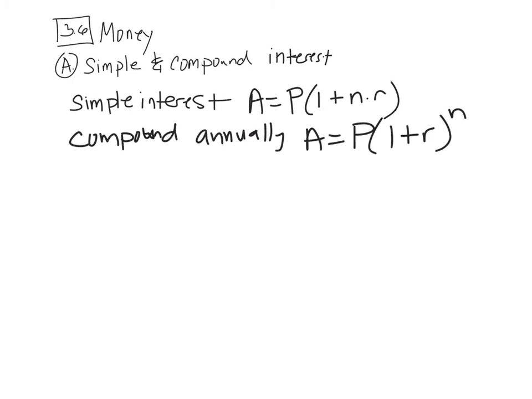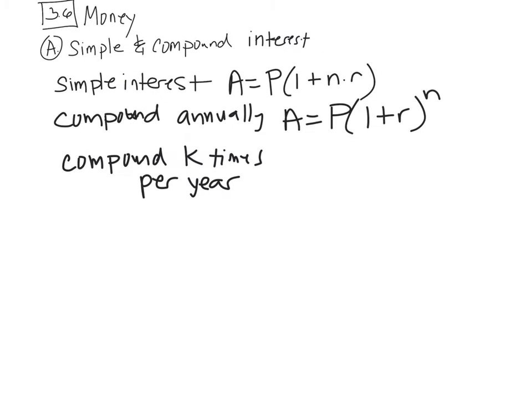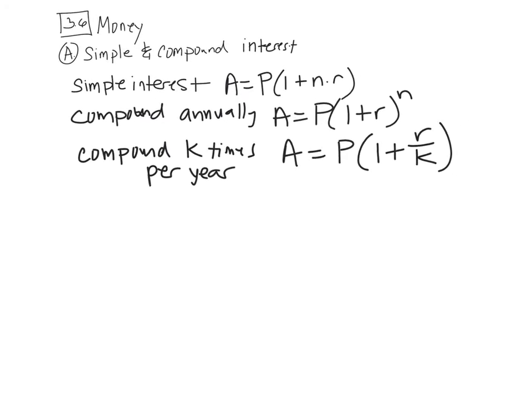The next one I'm going to give you is when you compound K times per year. So the last one was once a year, it's annually. K times per year means maybe they take the interest and they compound it monthly or daily or quarterly, and that would look like this: A equals P times (1 plus R over K) to the KT.